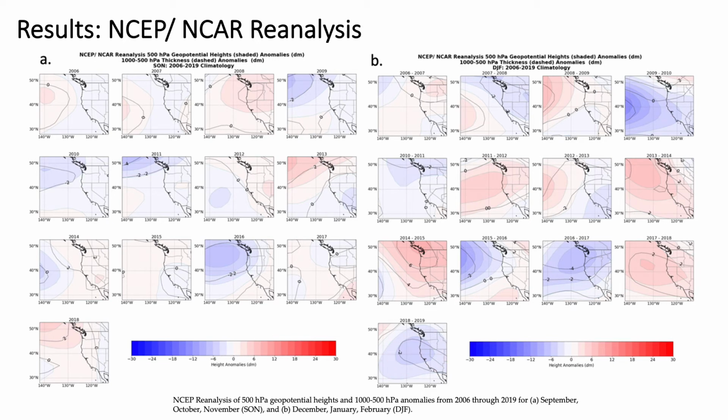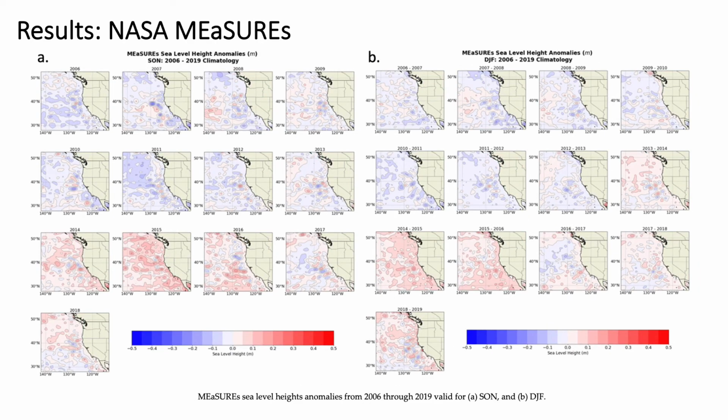trough came back. In terms of sea level heights, we're going to focus mainly on that during the first 8 years. Overall, it looked pretty cool.